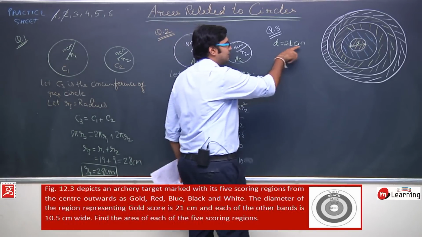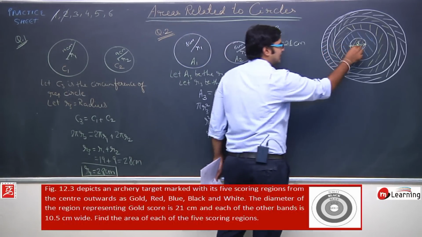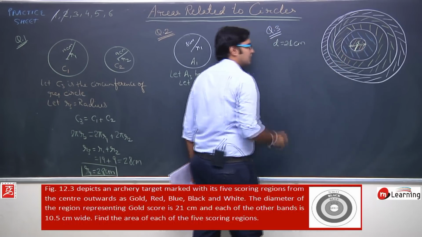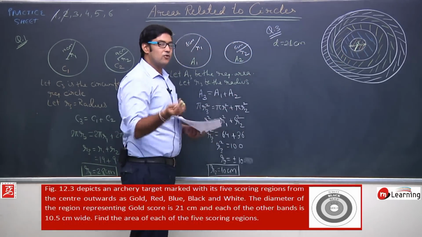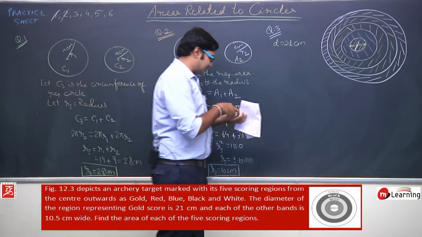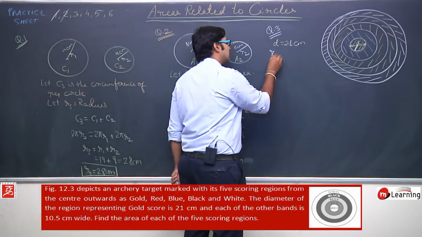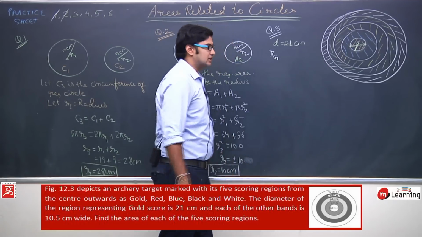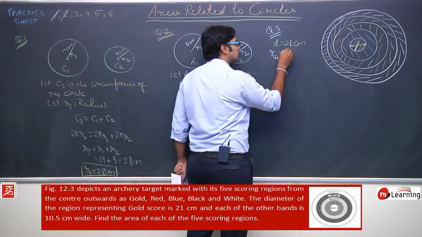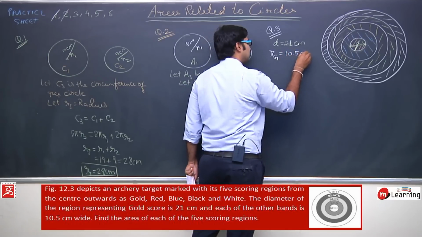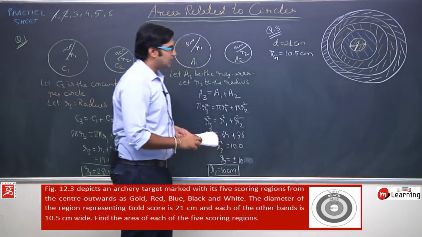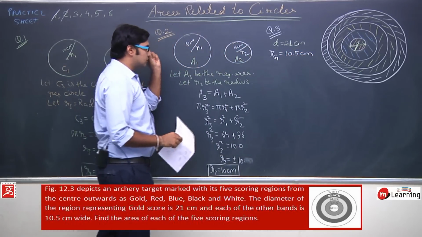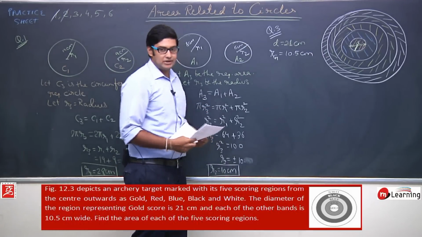If the diameter is 21 centimeters, then what is the radius of this region? Let us say R gold represents the radius of the gold region. So R gold will be equal to 10.5 centimeters.